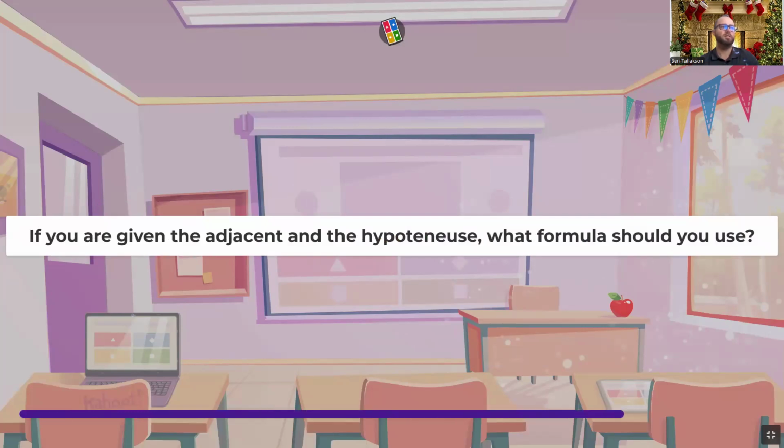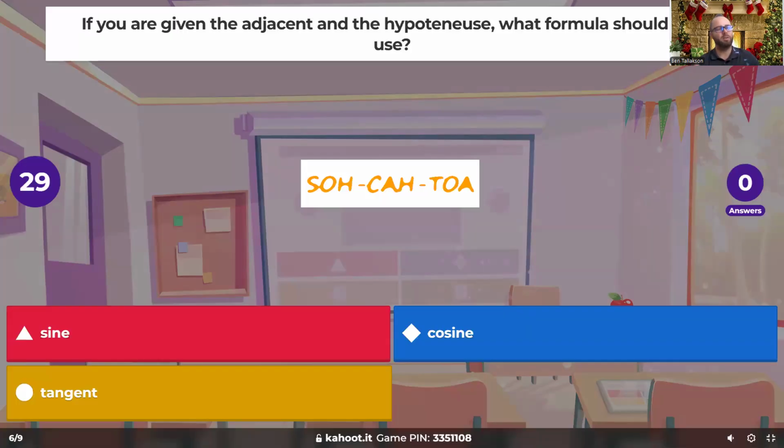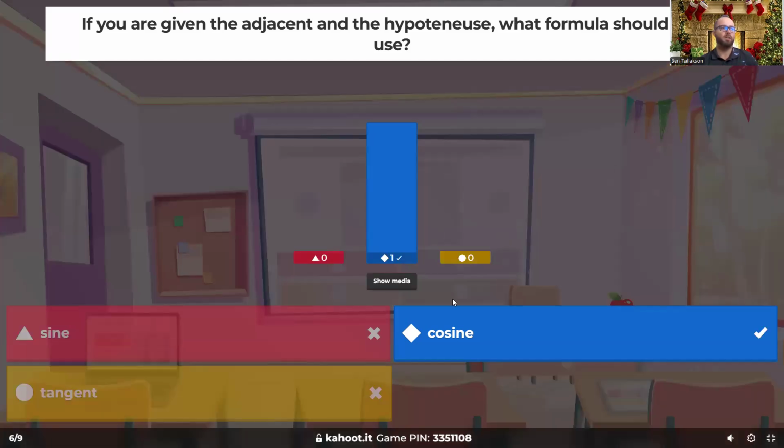If you're given the adjacent, very similar to the last problem, now you're given the adjacent and hypotenuse, what formula do you use? 10 seconds. It's going to be cosine, CAH. C cosine, A adjacent, H hypotenuse.